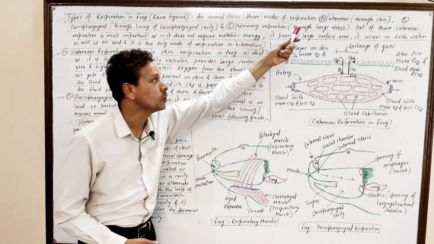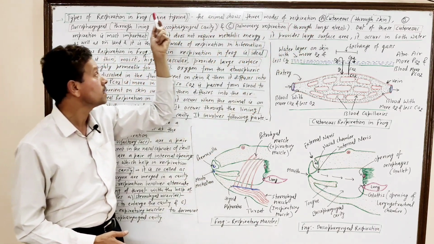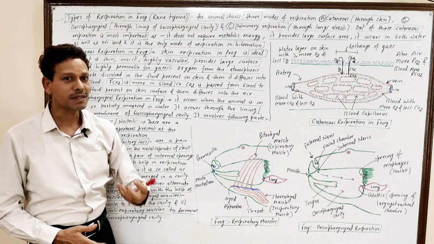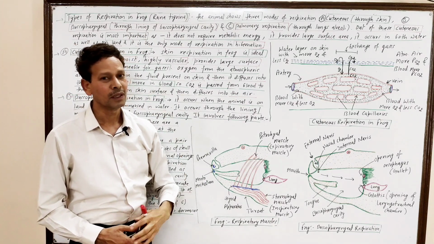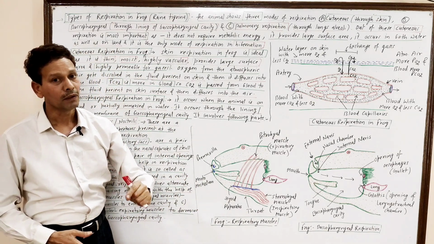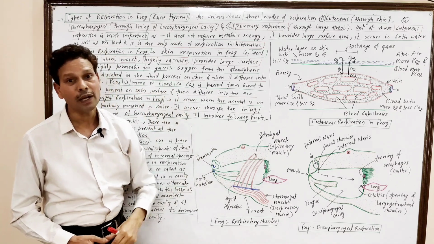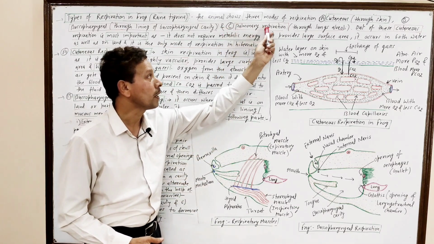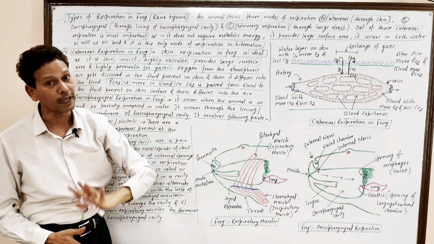Out of these, two are common: one is cutaneous and the second is buccopharyngeal respiration. These occur in normal respiration. Why? When metabolism is very high and there is more requirement of oxygen, at that time pulmonary respiration takes place.